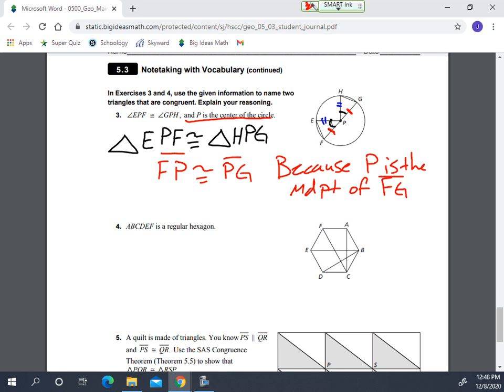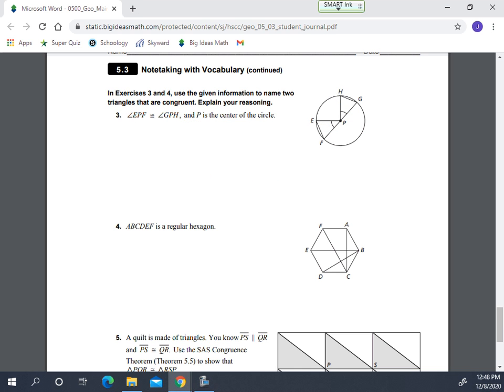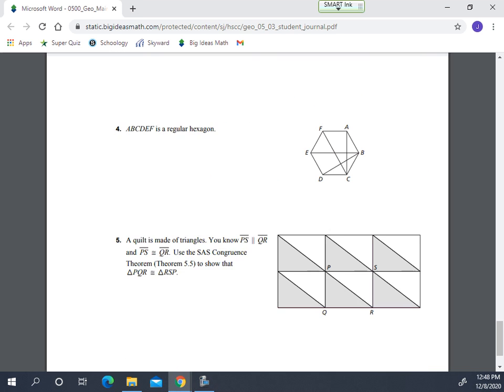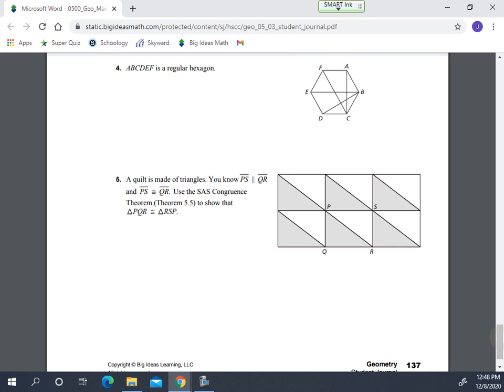And then because the angle at P is congruent, HPG is congruent to EPF, those other two side lengths have to be the same as well. Which you should write down when explaining. I'm saving time by talking my way through it. You guys should be writing it down.